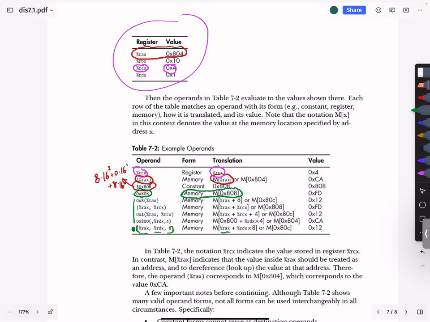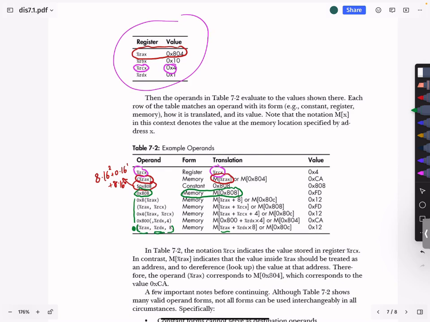So if we do RAX, RDX, then that means RAX plus RDX times 8. So basically, you could call this an affine shift if you want to be super mathy about your vocabulary here. But basically the idea is that it is a times and a plus. And then we do the memory lookup.